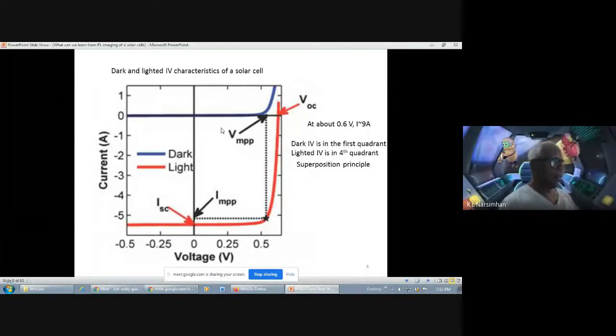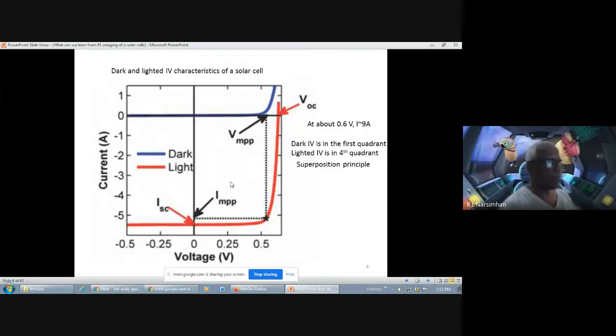Okay. Now, when you shine light onto this, the IV characteristic is what is shown in red. The first thing to notice about the IV characteristic is the following. In the dark, the IV characteristic is in the first quadrant. In light, the IV characteristic is in the 4th quadrant. That means the current is negative even though the voltage is positive.